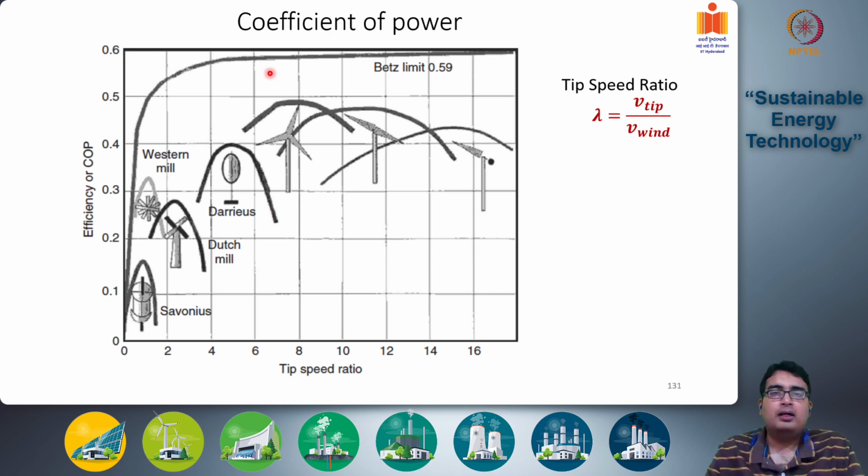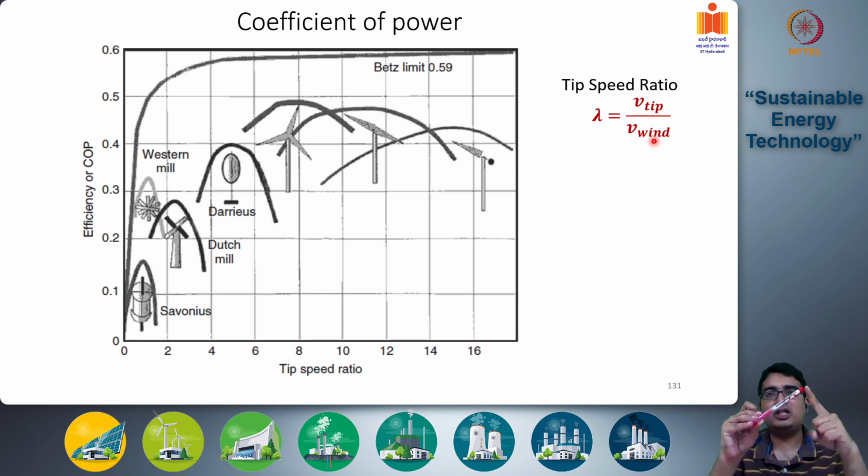So here we have a plot for the coefficient of power, the efficiency or coefficient of power Cp value, and what is called the tip speed ratio. This tip speed ratio is the ratio of the tip velocity by the wind velocity. So here the idea is this. Suppose you have a wind turbine blade that is rotating like this. Okay, it has an angular velocity omega, and the tip velocity is omega into the radius of the blade.